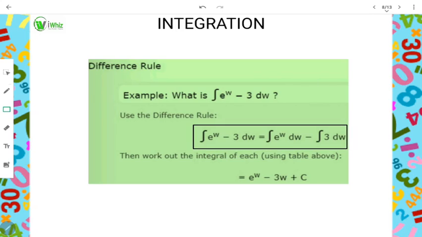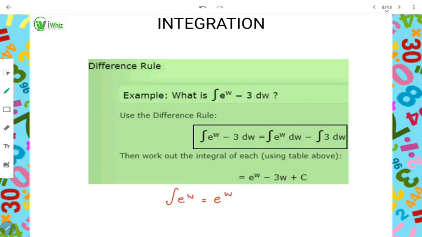What the difference rule states, if I have an integral of e to the power w minus 3 dw, see how the w changes depending on the variable that we use. Once we have that, we separate the integrals and we say it's the difference of the integral. When you look at the table that's given in your worksheet, you will have the integral of e^w is equal to e^w.